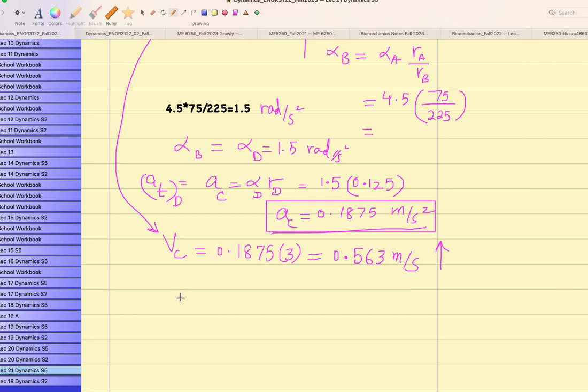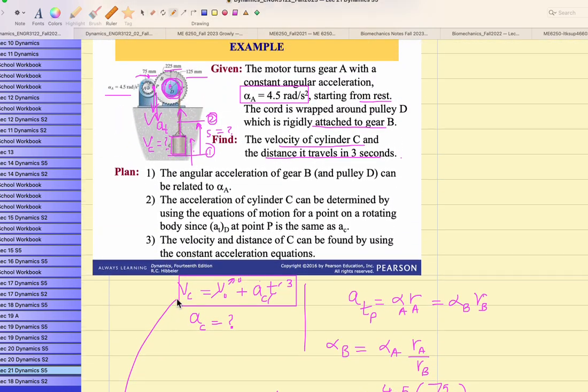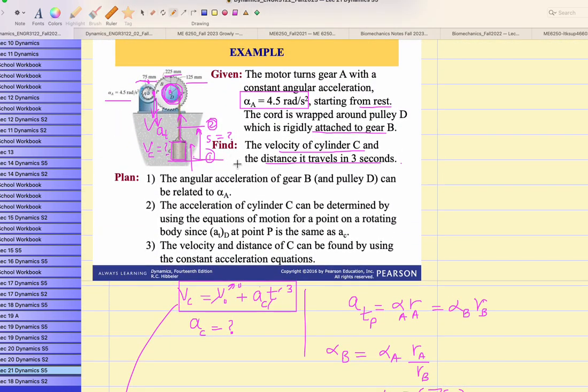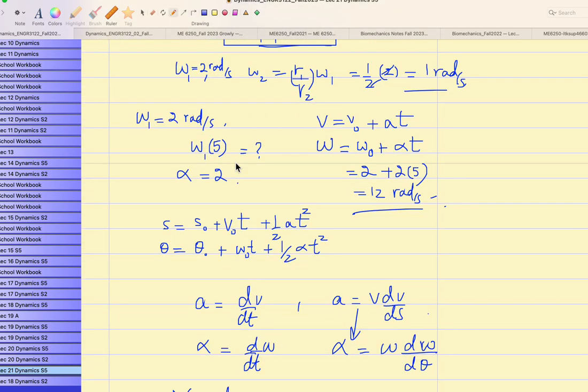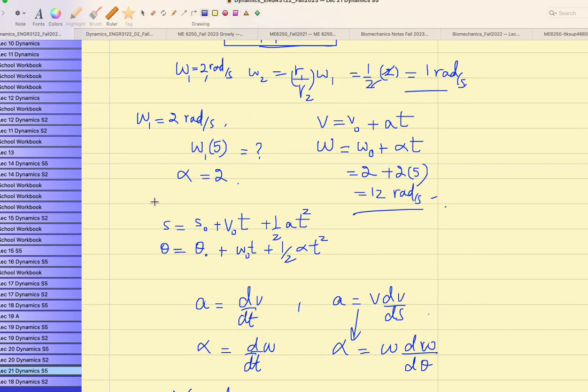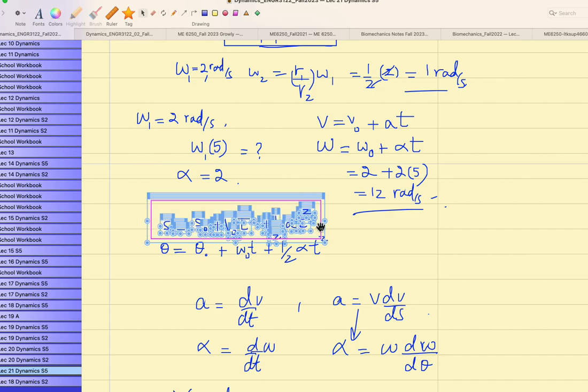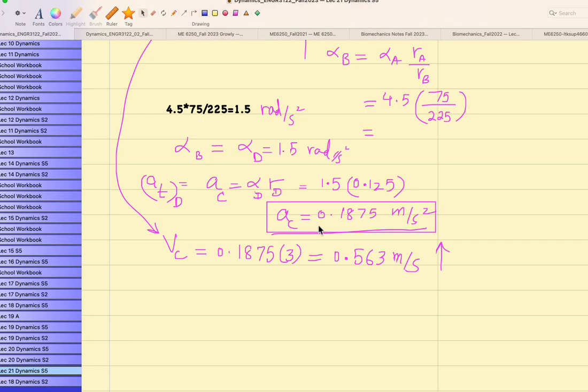And how about the distance? We can find it by the distance formula. It is now the simple linear formula. You remember this linear distance formula? I'm going to use this equation to solve for the upward distance of this block.